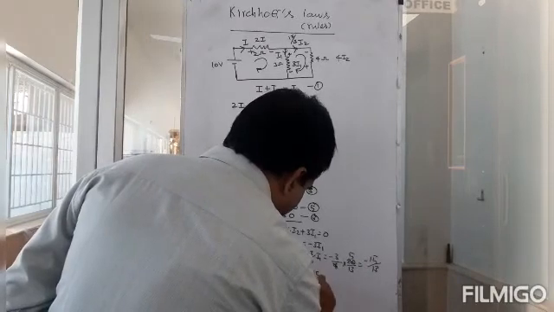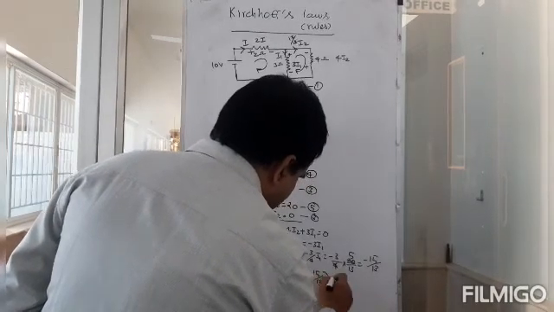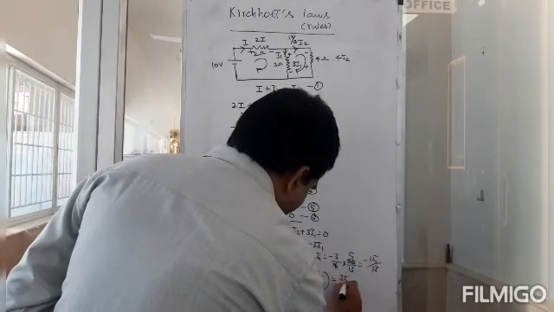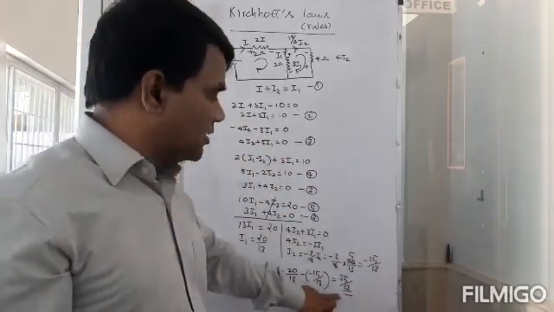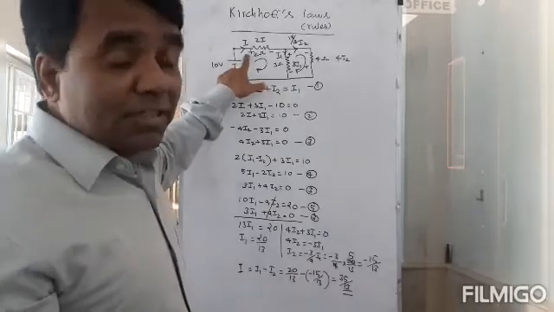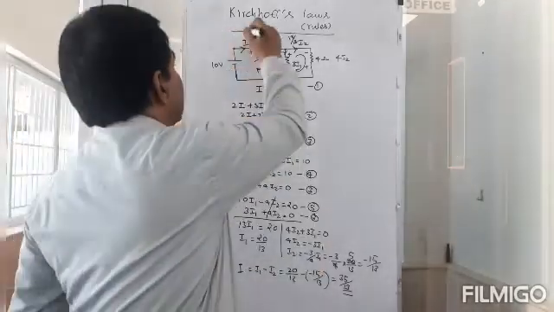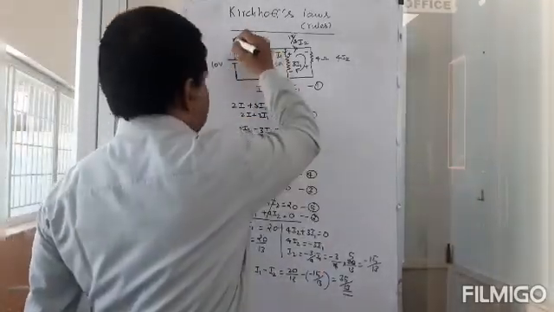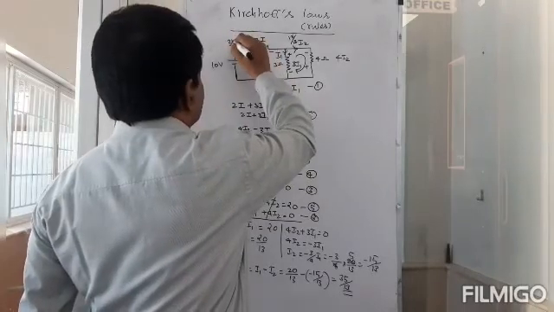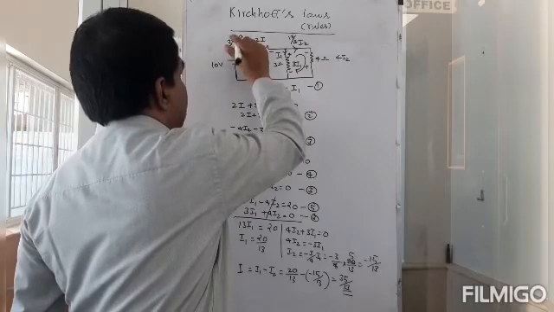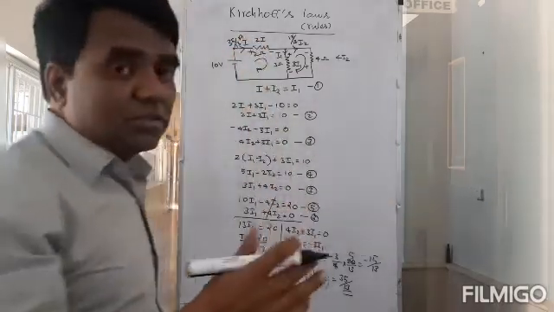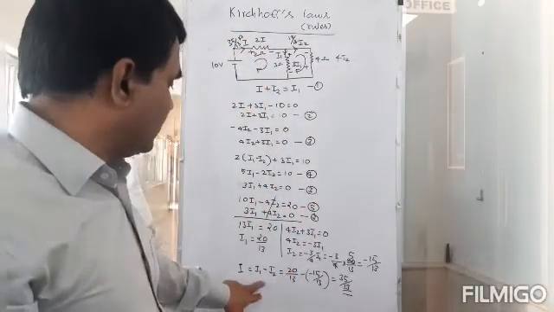So it's going to be plus. So I'm going to have 35 by 13. You see, for I I get a positive number. So my assumed direction is correct. So I'm okay with it. So that is 35 by 13 amperes, as it was in the previous case.